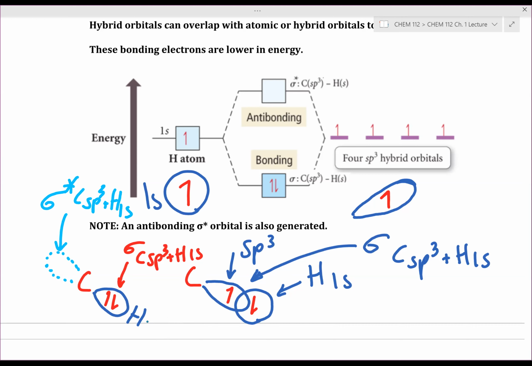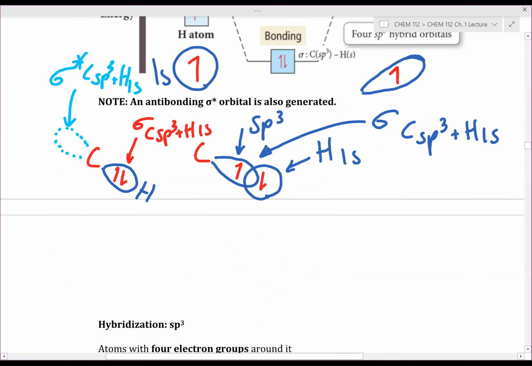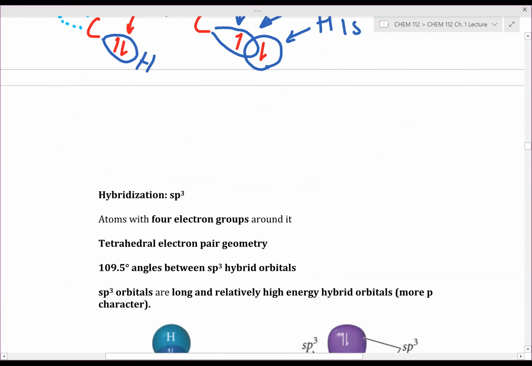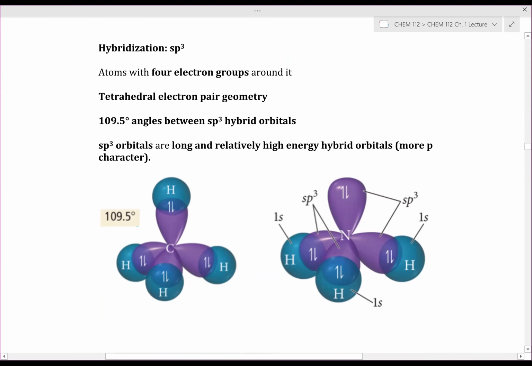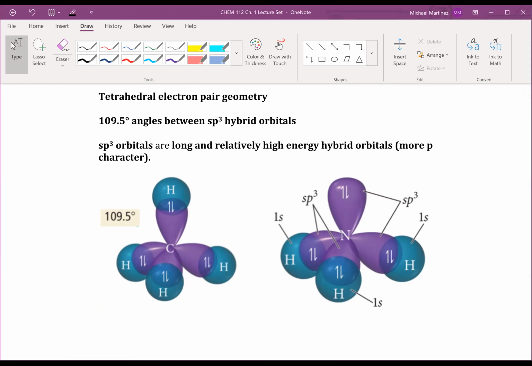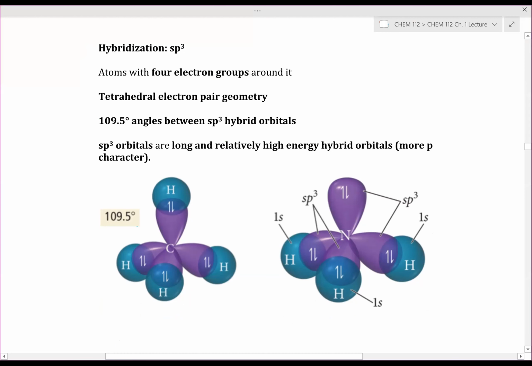So let's take a look at a few other cases of hybridization, and let's start to relate hybridization to molecular geometry. So when we look at sp3 hybridization, the sp3 hybridization involves an atom with 4 electron groups around it.